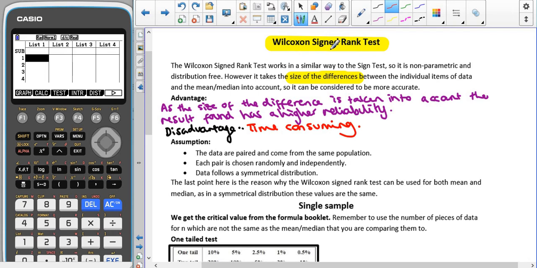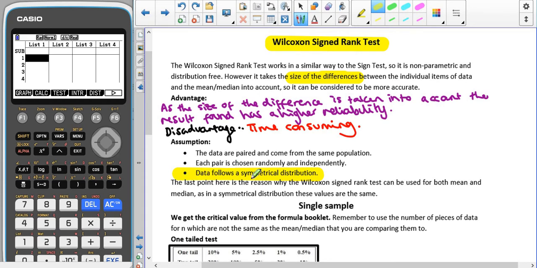Also, the Wilcoxon signed rank test does have a few assumptions that go along with it. So in the same way as we had the paired signed test, we are also going to have the paired Wilcoxon signed rank test. So if the data is paired, it has to come from the same population. Again, each pair has to be chosen at random and independent, but most importantly, we can only perform the Wilcoxon signed rank test with single sample data or paired data if the data follows a symmetrical distribution.